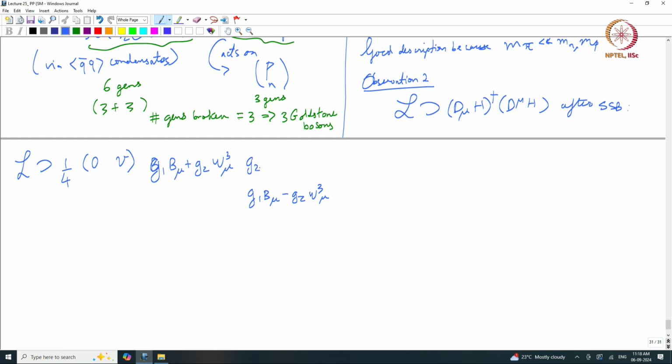In the off diagonal, I have W1 mu minus I W2 mu. And in this off diagonal, I have W1 mu plus I W2 mu.